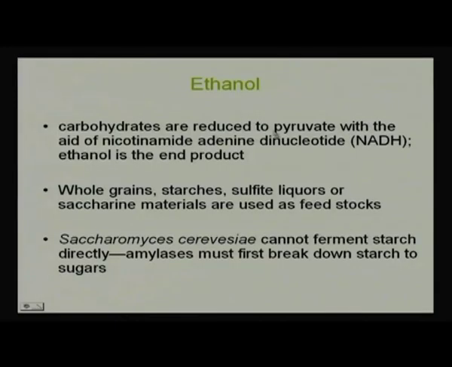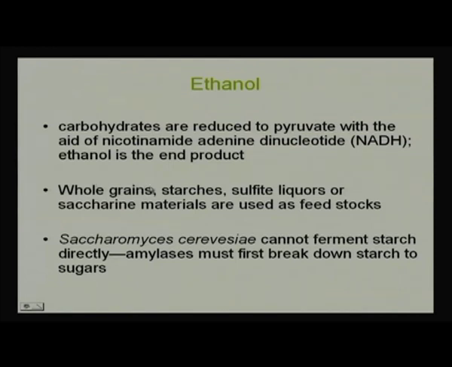Carbohydrates are reduced to pyruvate with the aid of nicotinamide adenine dinucleotide, and ethanol is the end product of this particular process. How is this product formed?